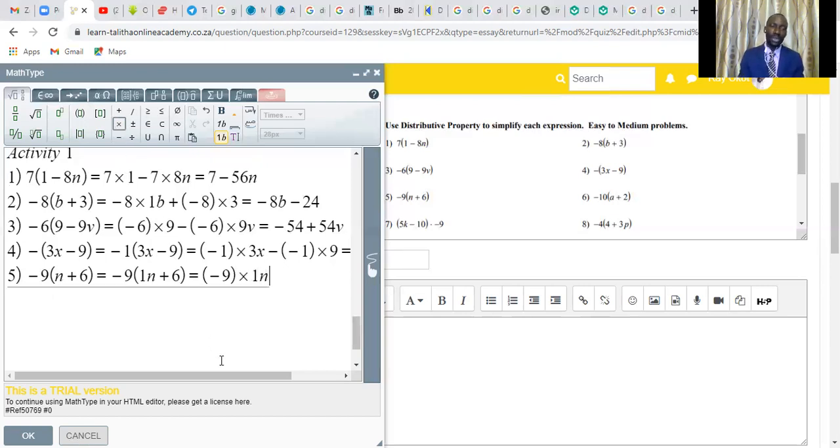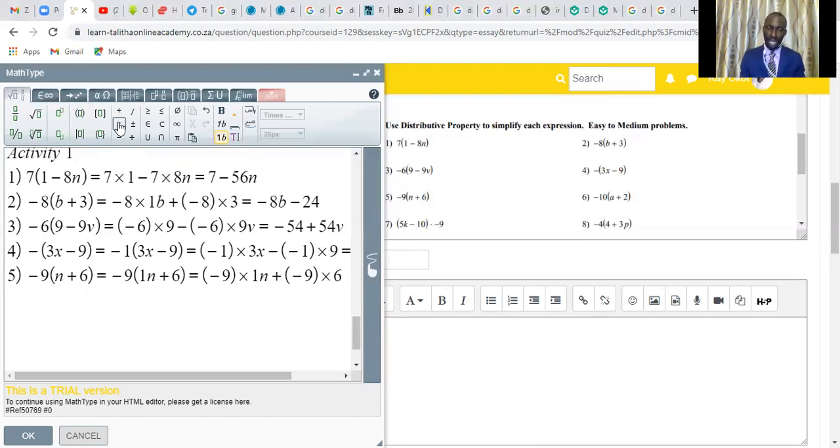So that gives us 1n. Now notice that we also have to distribute -9 onto 6, but there is a plus here, so we have plus. Then the next quantity is what? -9. Now this -9 is supposed to be distributed to 6 also.